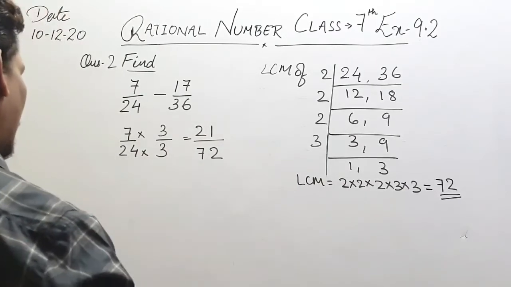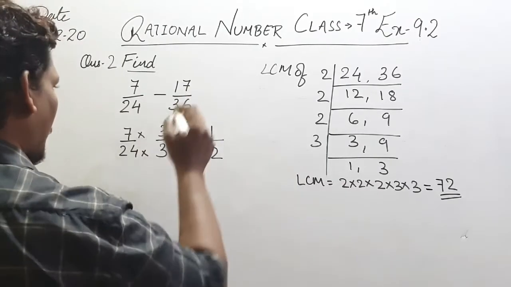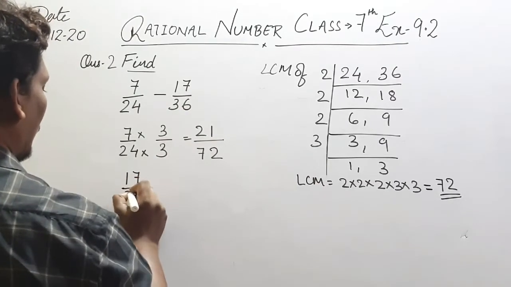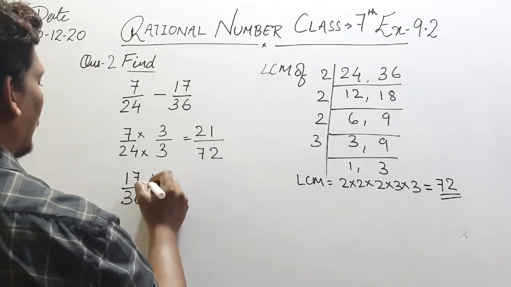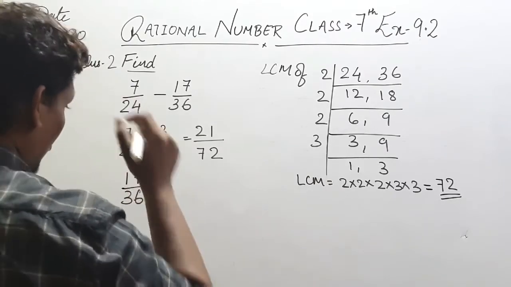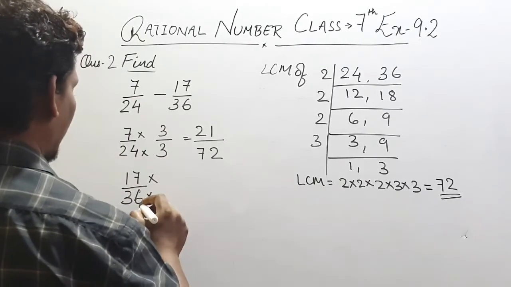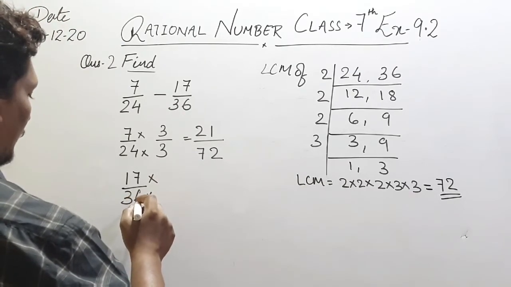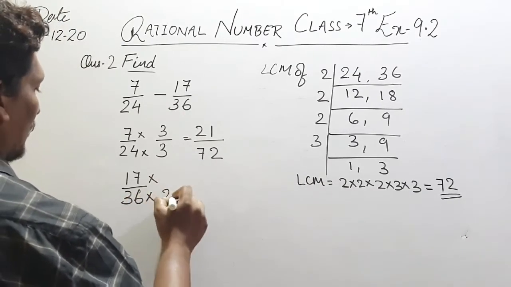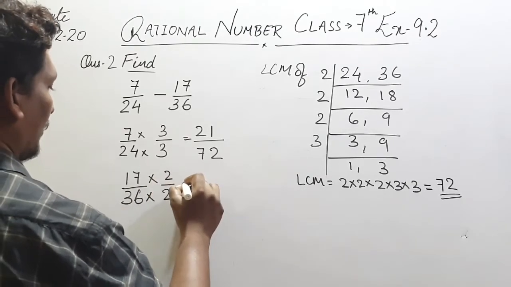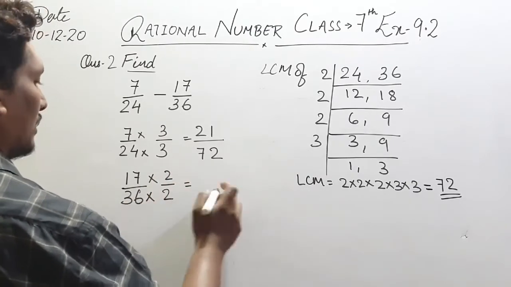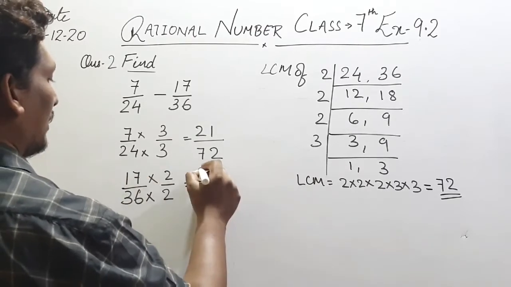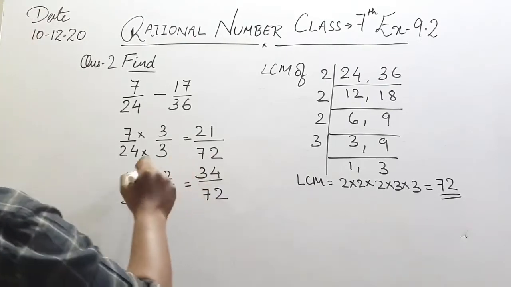And next is 17 by 36 multiplied by 2, so 2 sixes are 12, 3 plus 1 is 7, 17 twos are 34, right?